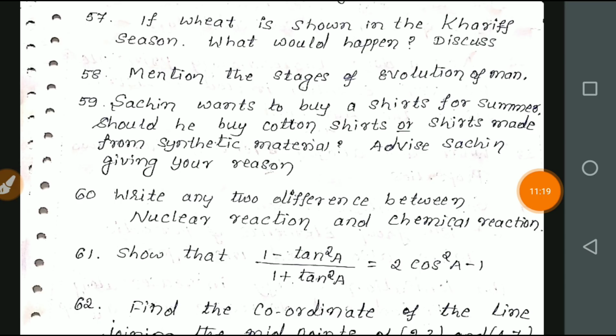Now, next question. Sachin wants to buy a shirt for summer. Should he buy a cotton shirt or a shirt made from synthetic material? Advise Sachin giving your reason. This is one of the application questions.